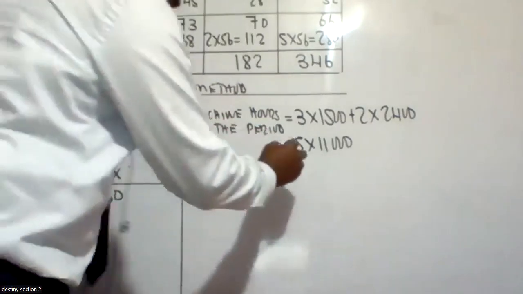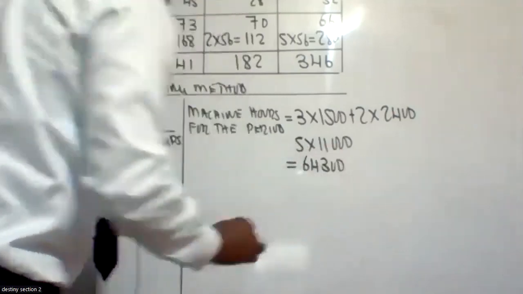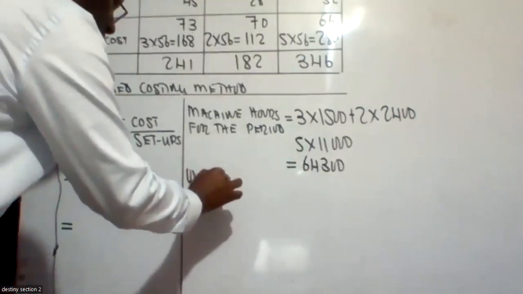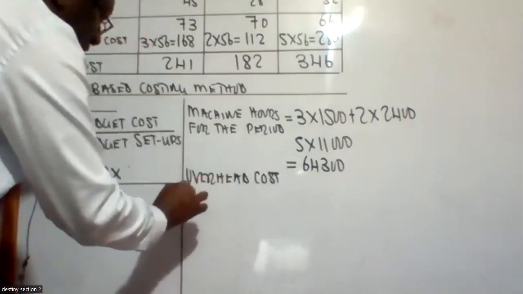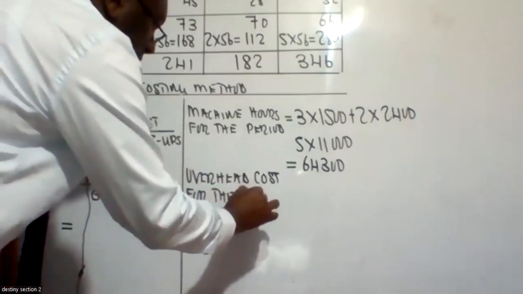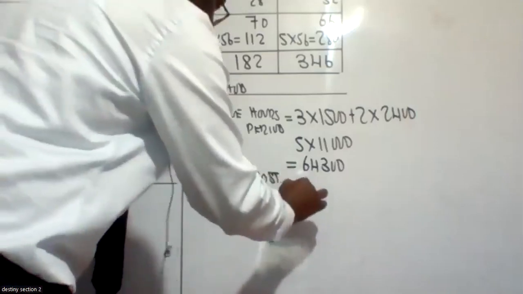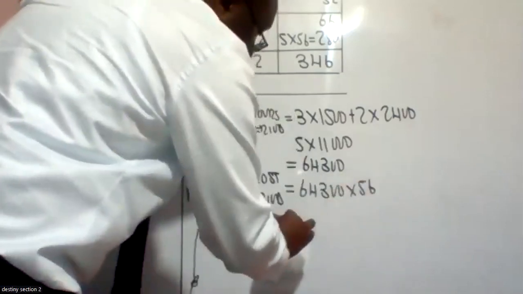$64,300. Overhead costs for the period. Overhead cost for the period is 64,300 times 56.